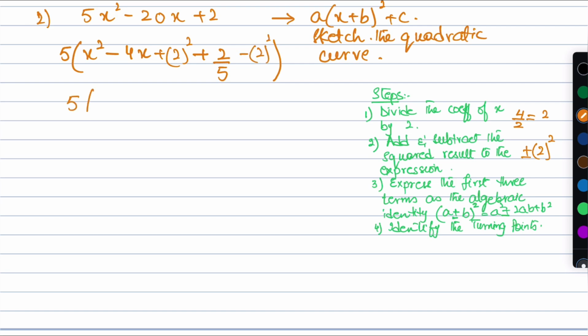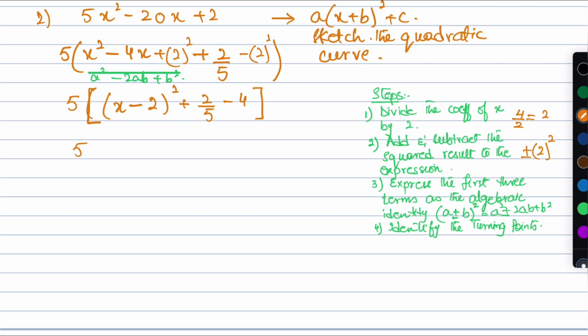The first three terms are representing a square, minus 2ab, and plus b square. So with that, my algebraic identity here is x minus 2 the whole square plus 2 by 5 minus 4.